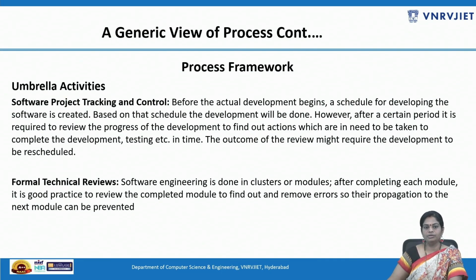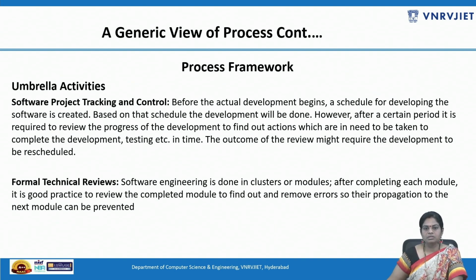So first we are going to learn about software project tracking and control, risk management, software quality assurance, formal technical reviews, measurement, software configuration management, reusability management, work product preparation and production. So software project tracking and control.